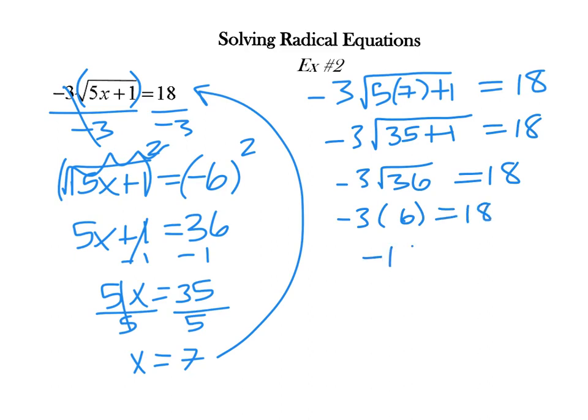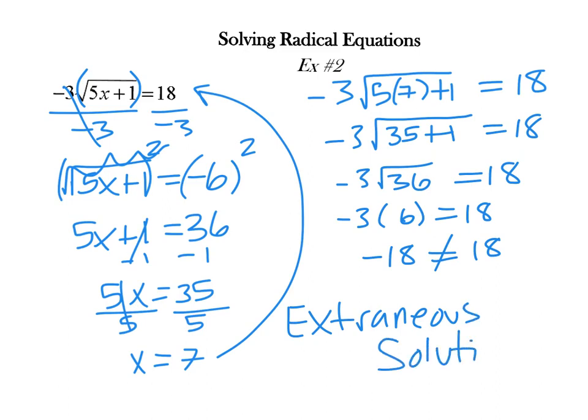And we're left with negative 18 equals 18. Now, since this is not true, this will not be a solution. This is an extraneous solution. So technically, we have no solution.